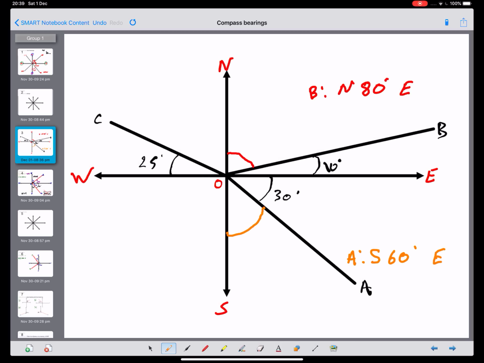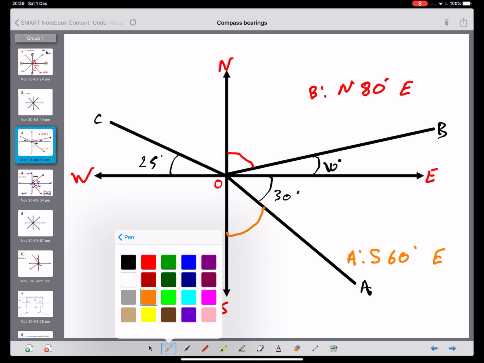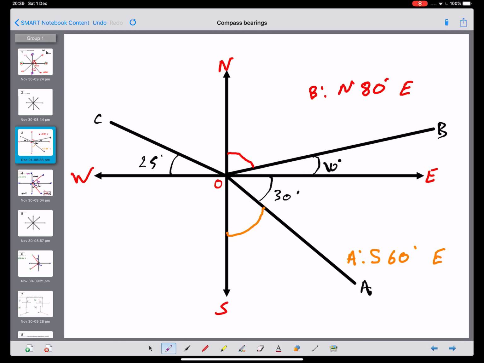Okay, now finally for C, I'm going to do a different colour. Or I don't know, let's do purple. So I'm going to do C, I'm going to do a colon. We're definitely in this quadrant here. So what do we need to add to 25 to get to 90?